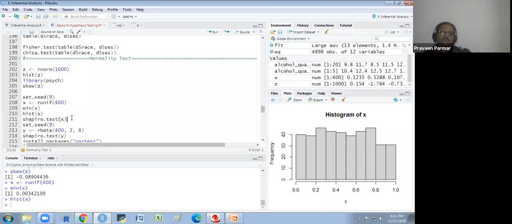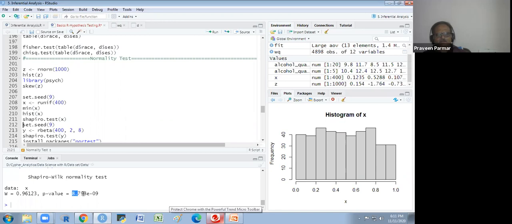Now you perform the Shapiro test on X, and then we perform it with Z also. It is the Shapiro-Wilk normality test. And if we perform it for Z, we see what value we get. We are getting 0.18.